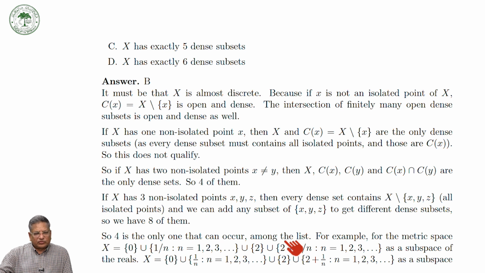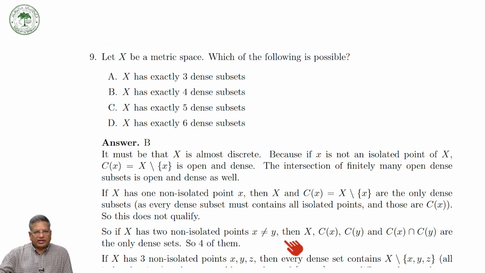Okay. So you see, a metric space can have many dense sets, not only 1, 2, 3, several dense sets. But here we have to check on the possibility only.